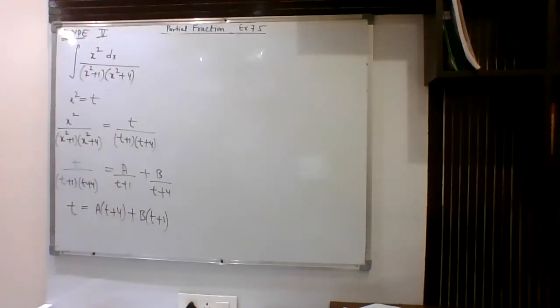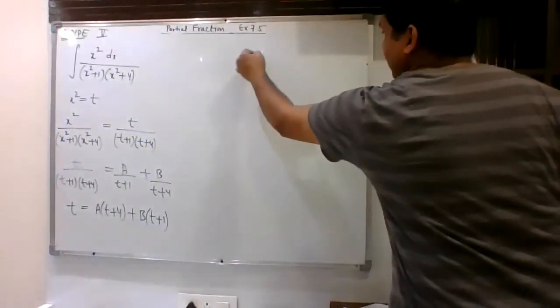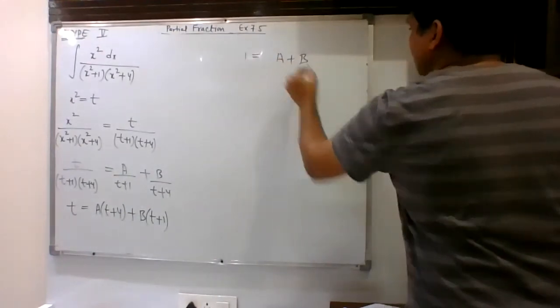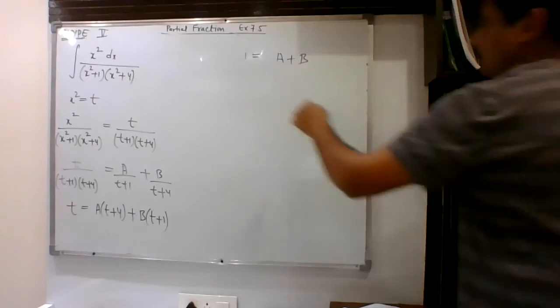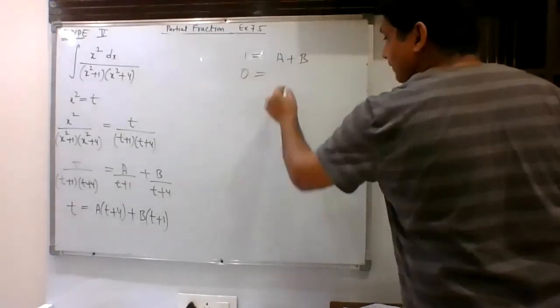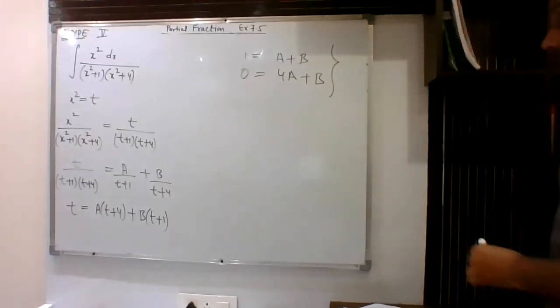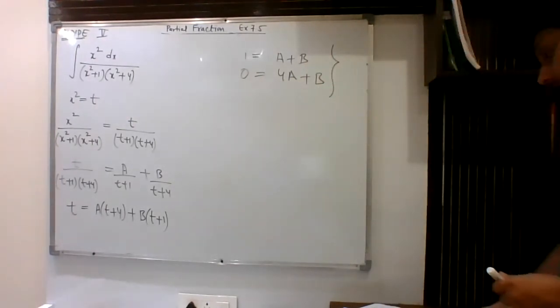So we'll get two equations from here by comparing the coefficient of t and the constant. When I compare the coefficient of t, I will get one equation as 1 is equal to A plus B. And comparing the constants on both sides, we get 4A plus B. These are the two equations.